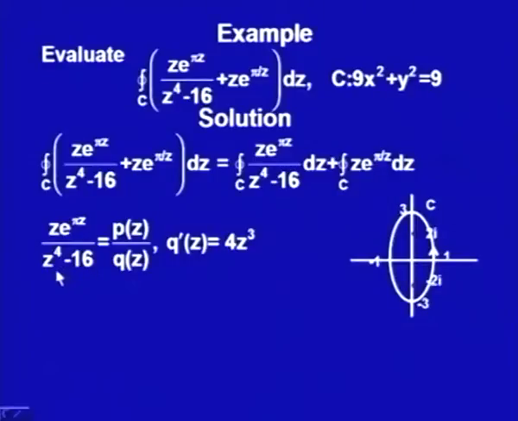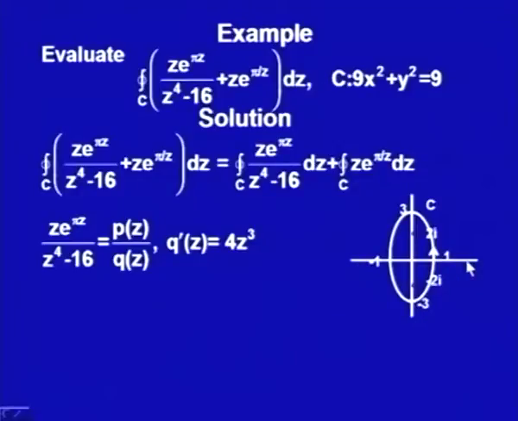When z square is equal to 4, z would be plus minus 2 and when z square is equal to minus 4, you would get z is equal to plus minus 2 I. So, this function has 4 isolated singularities, plus minus 2 and plus minus 2 I. Plus minus 2 means on the real axis, minus 2 and plus 2.